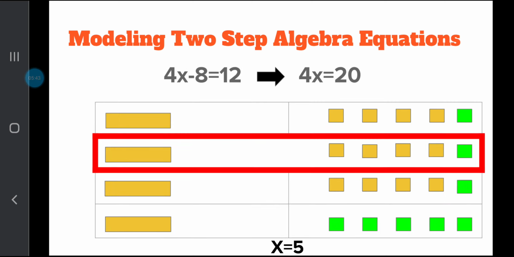And now, as before, we are going to divide. So since we added 8 on both sides, our new equation looks like 4x equals 20. And then we're going to divide up our rods and our cubes. And when you divide 4x by 4, you get just x, and 20 divided by 4 equals 5.